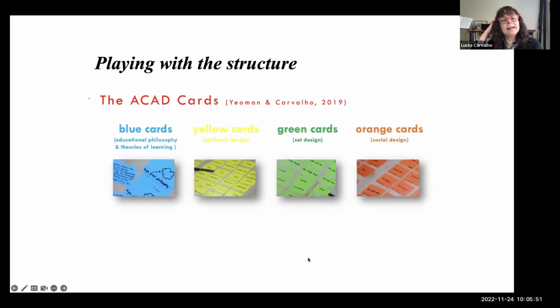And then another thing that I wanted to discuss over here is the cards. So another resource that we develop as part of this work with the ACAD framework as well has been sort of the materiality of these cards. So we were doing a lot of workshops with teachers and different types of people, but many of those workshops were related at the very beginning to the design of new learning spaces.